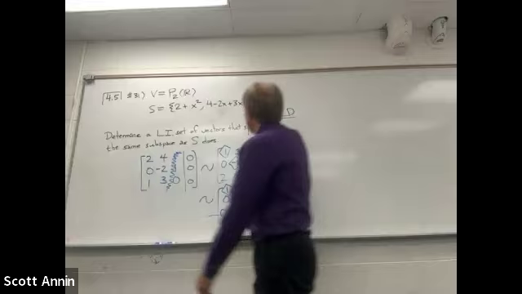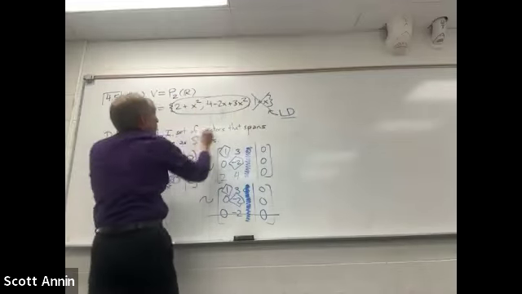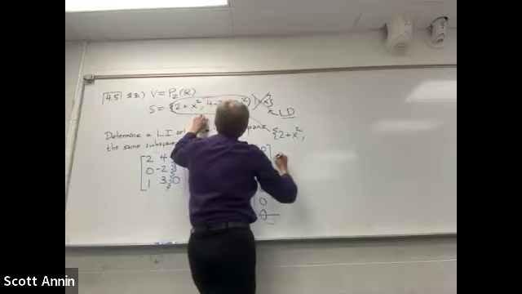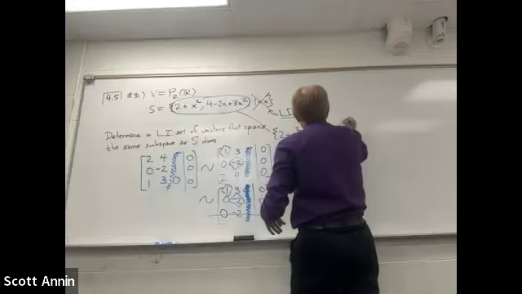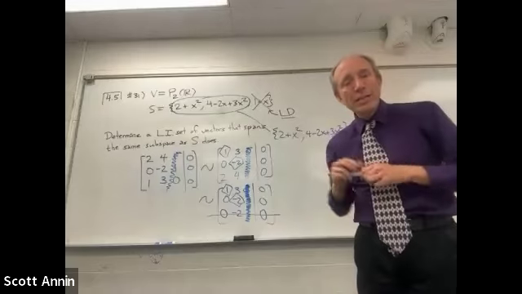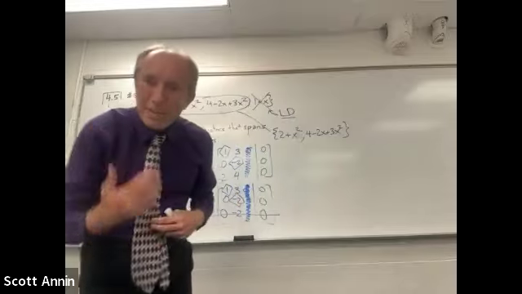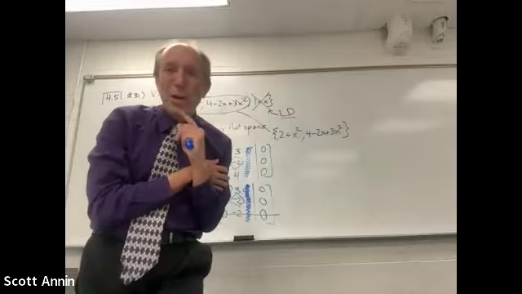What you're left with then is the answer to this problem: literally just these 2 polynomials, 2 plus x squared, comma, 4 minus 2x plus 3x squared. Again, very similar to the previous example, but this time with polynomials instead of matrices. But the concept of it and what you're trying to do here is the same in both problems.